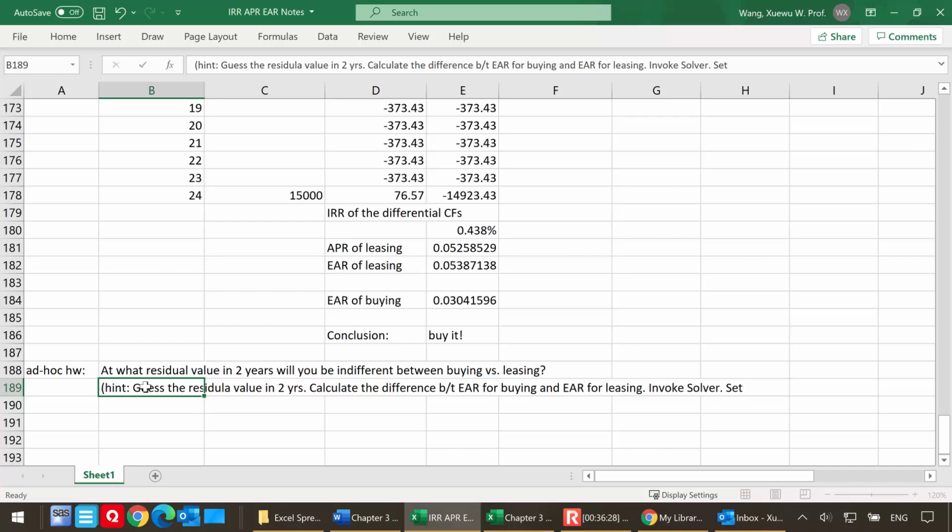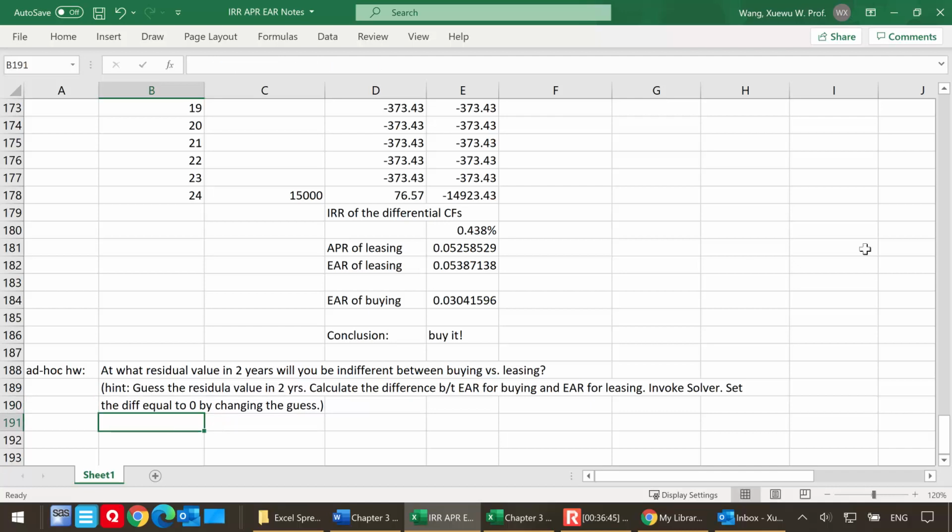Set the difference equal to 0 by changing the guess. If you do that, you should be able to find the residual value in 2 years that will make you feel indifferent. So I will leave that to yourself.